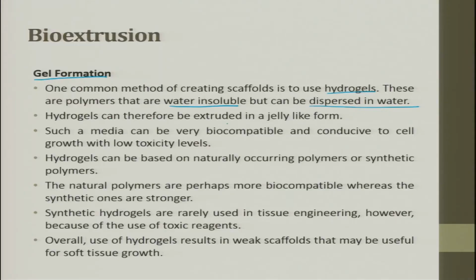Hydrogels can therefore be extruded in a jelly form. Such a media can be very biocompatible and conducive to cell growth with low toxicity level. Hydrogels can be based on naturally occurring polymers or synthetic polymers. The natural polymers are perhaps more biocompatible, whereas the synthetic ones are stronger. So, you see natural polymer and synthetic polymer. Natural is soft and biodegradable easily.